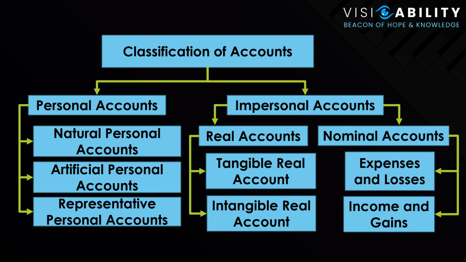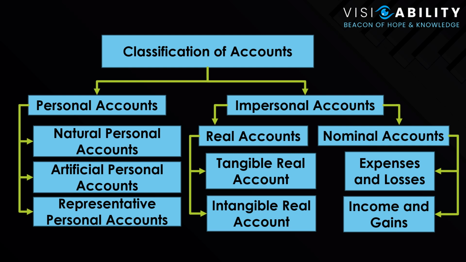Let's see that. The first is the natural person. That is, it could be any person whose account we would be maintaining in our books. A natural person could be Mr. X, Mr. Y, and so forth. As we proceed, you would get to know all these details.